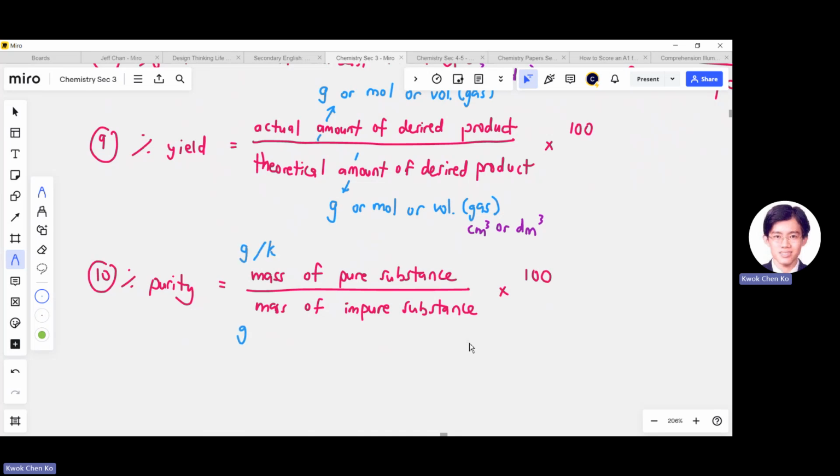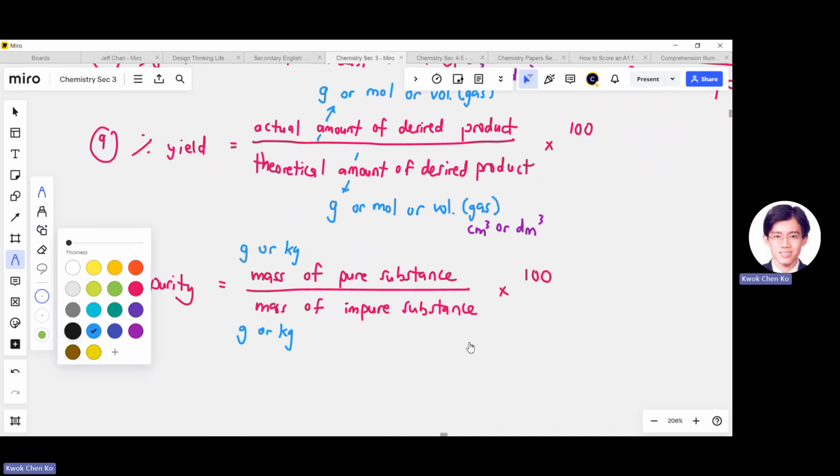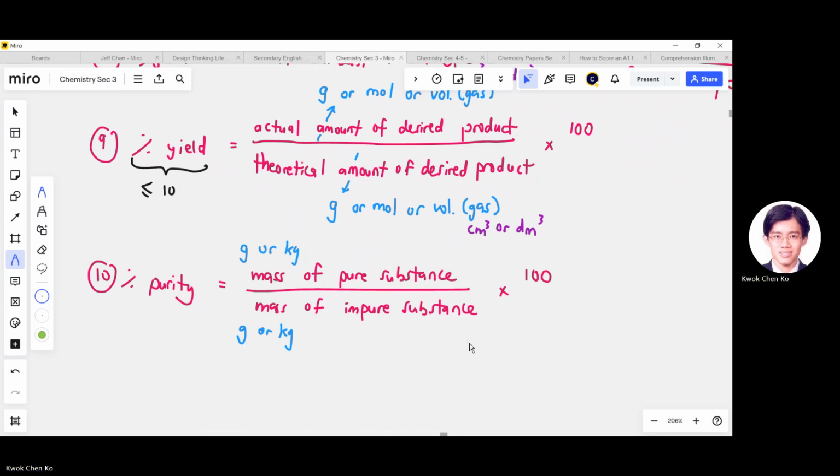If you use kg above, make sure you use kg below. But for chemistry, kg is not so commonly used. And in case you haven't figured out by now, both of these values must be less than or equal to 100%. Same thing for this. Anytime you get more than 100, obviously something is wrong.